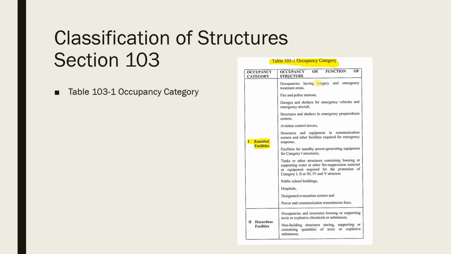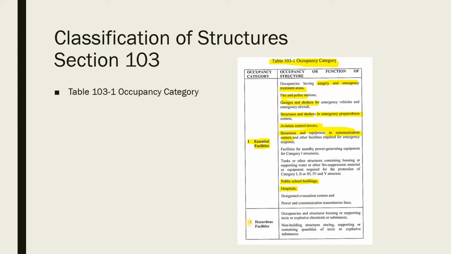So we have the surgery and emergency treatment areas, fire and police stations, garage and shelters, structures and shelters in emergency preparedness centers, aviation control towers, structures and equipment in communication centers. Okay, so we also have the public school buildings and hospitals at iba pa.